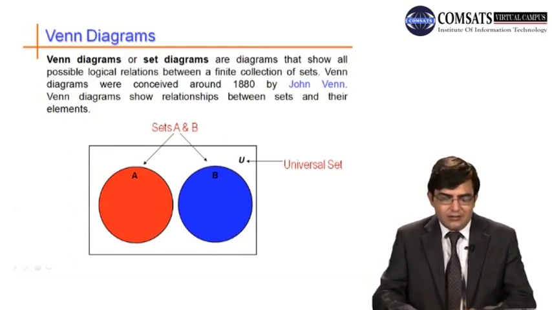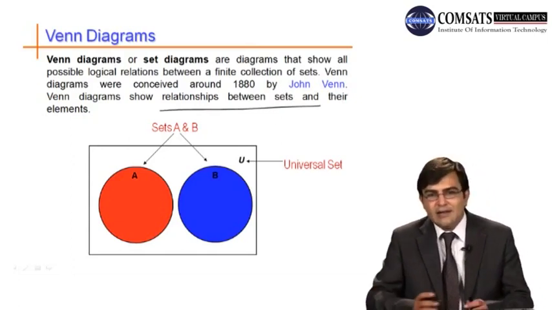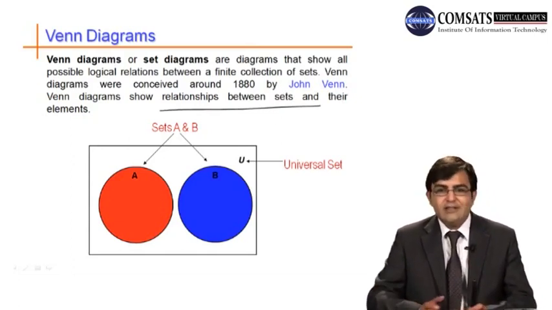So Venn diagrams show the relationship between sets, their elements, and between the sets themselves. We can express operations on sets using these diagrams, for example union, intersection, complement, and there are other operations we can perform using these diagrams. We'll see them in the subsequent slides and in the next lecture.